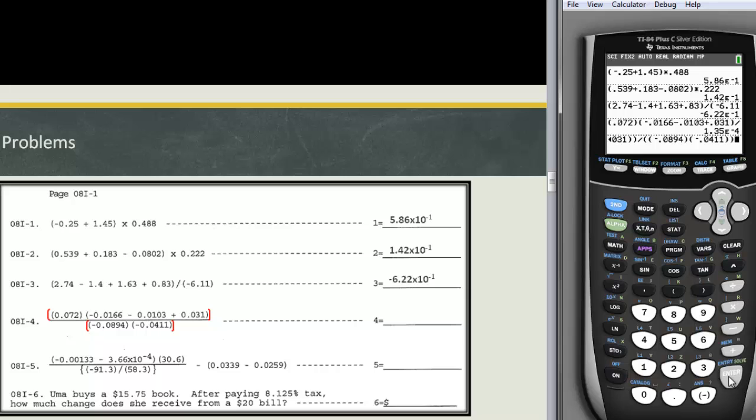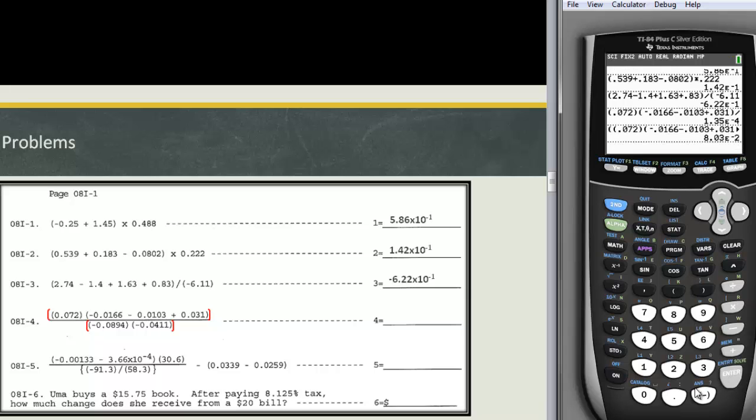And then when I click enter here, my answer should be 8.03 times 10. Again, change the e to times 10, and my exponent now is negative 2.